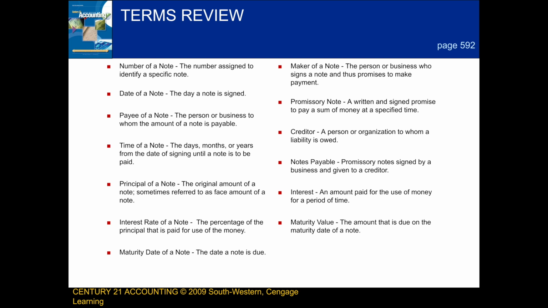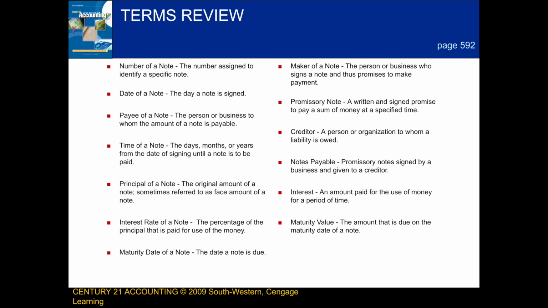The interest rate of a note is the percentage of the principal that is paid for use of the money. The maturity date of a note is the date a note is due. The maker of a note is the person or business who signs a note and thus promises to make payment.